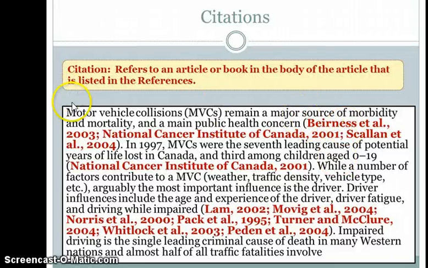This red here tells us that this information comes from here. And here we can see that there are 3 sources for this information: Bearness, 2003, the National Cancer Institute of Canada, Scalan et al. All of these give us the information.